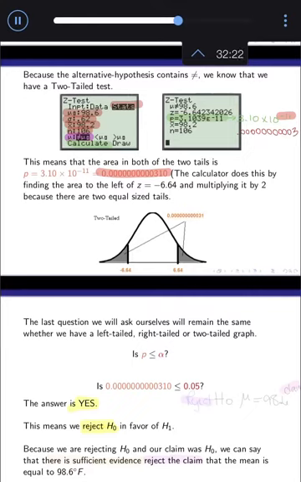Well, let's remind ourselves what H naught was. H naught was our claim that the mean was 98.6. That was our claim. And we are rejecting H naught.